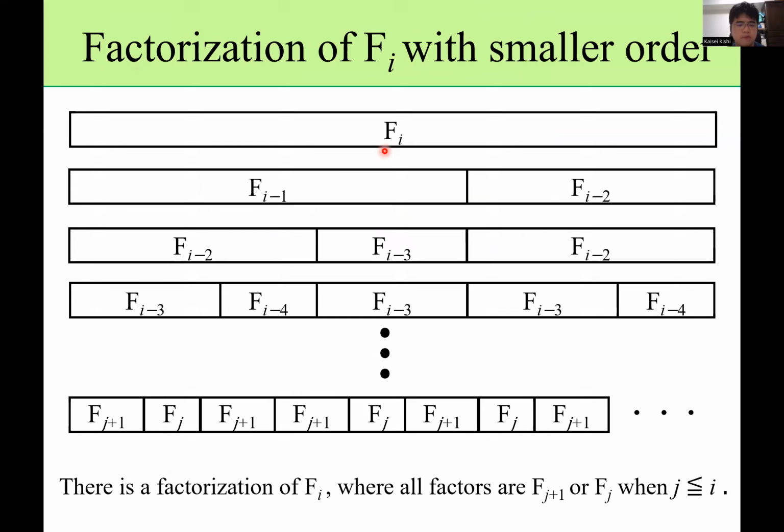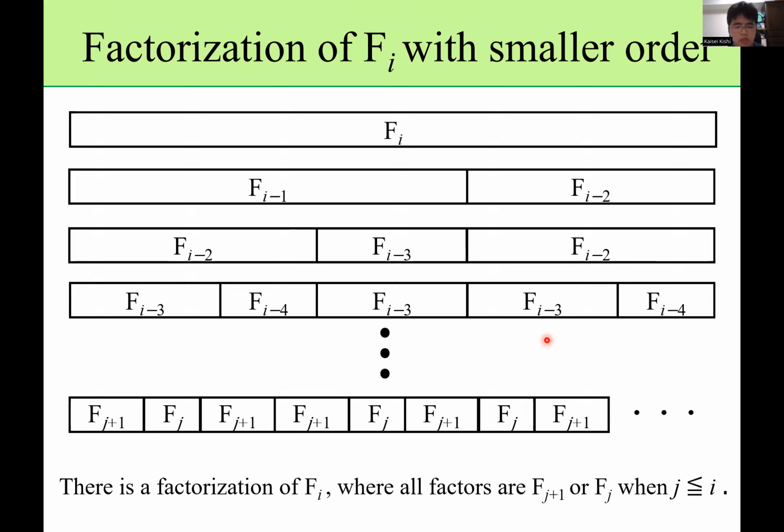By the definition of the Fibonacci words, Fi can be factorized into Fi minus 1 and Fi minus 2. And recursively, Fi minus 1 can be factorized into Fi minus 2 and Fi minus 3. And so these strings can be factorized into Fi minus 3, Fi minus 4, Fi minus 3, Fi minus 3, Fi minus 4.